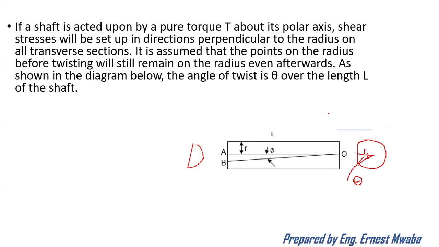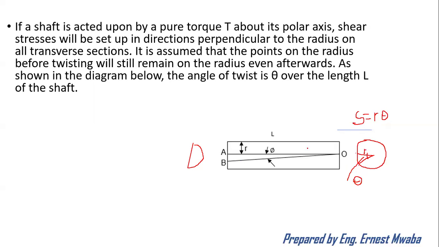So what you do is that you need to find the length of this arc AB, which is the same AB we have here. Following the principles of using the angle in radians, you just multiply the radius by that angle theta. That gives you the arc length for AB.